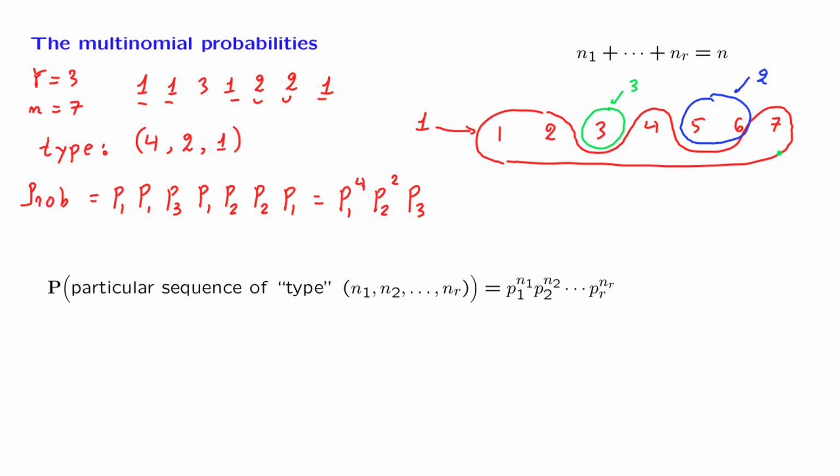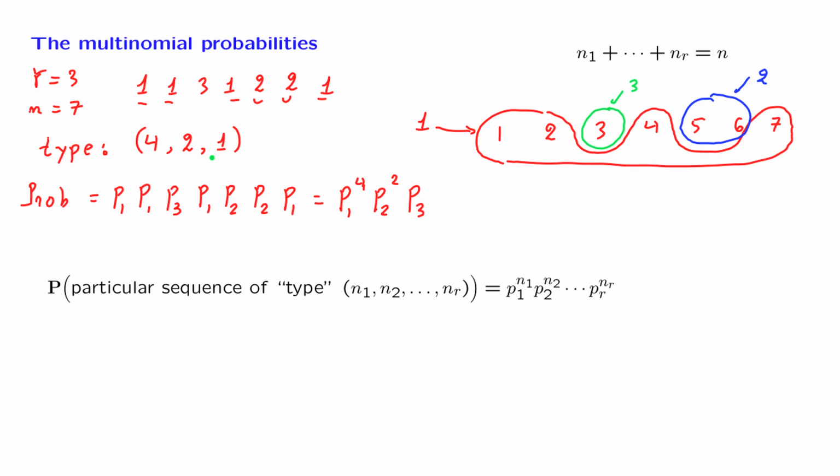But what do we have here? Here we have a partition of the set of numbers from 1 up to 7 into 3 subsets, and the cardinalities of those subsets are the numbers that appear here in the type of the sequence.